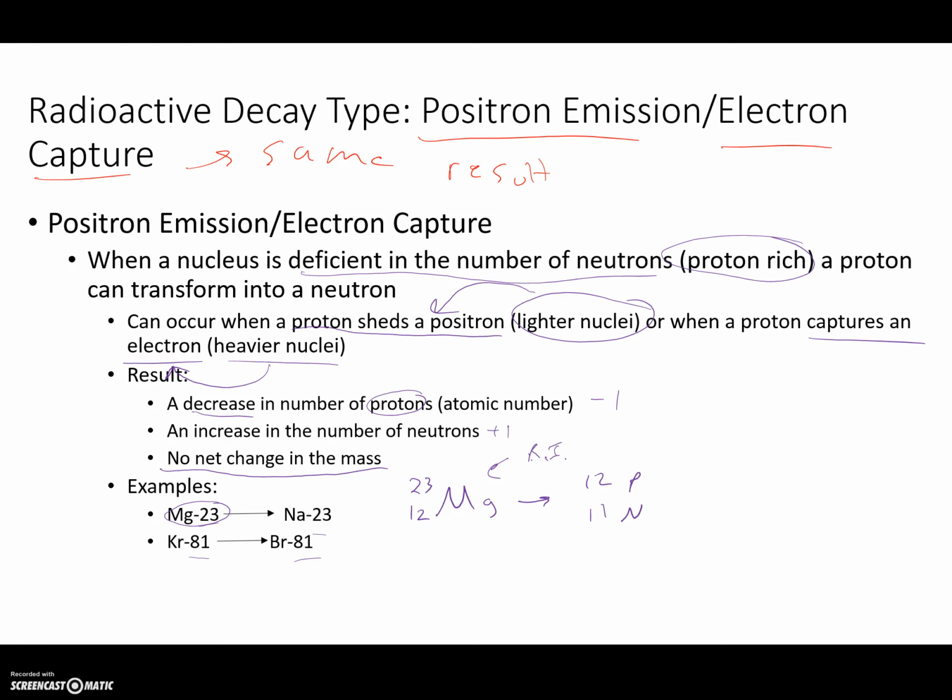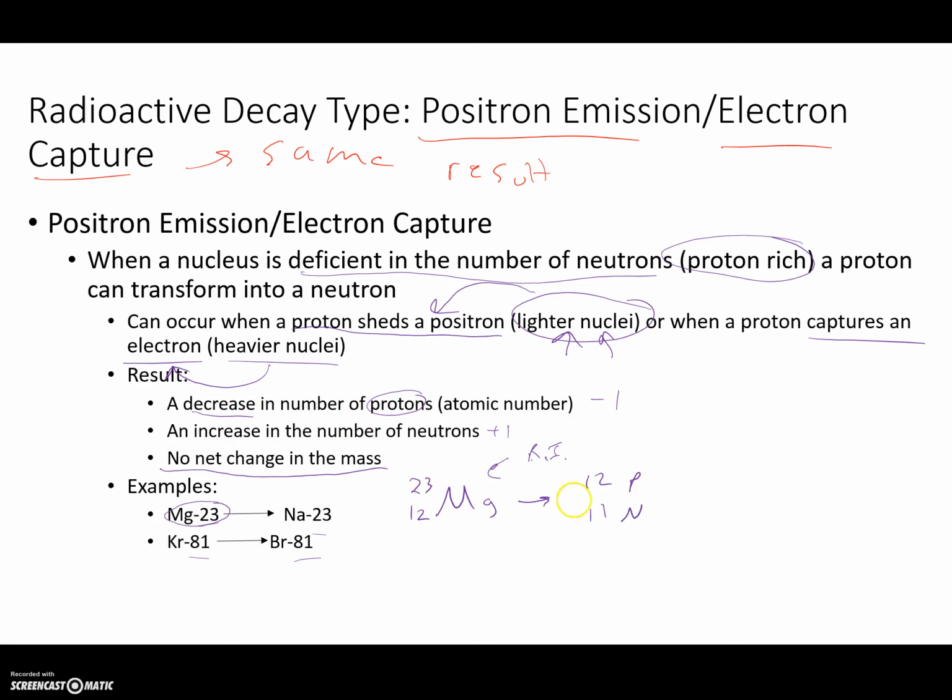Now in this case, though, we're deficient in neutrons. We have fewer neutrons than protons, so we have too many protons. Magnesium-23 being one of our lighter elements, so the elements farther up the periodic table would be our lighter ones, we're probably going to shed a positron in that case. So we're going to take one of my protons and turn it into a neutron.